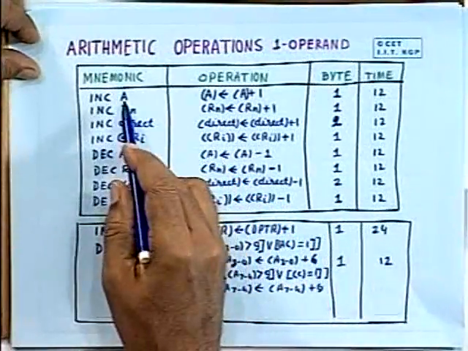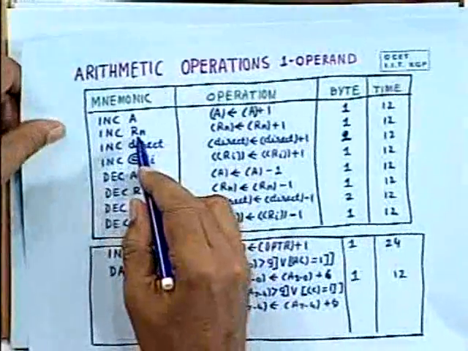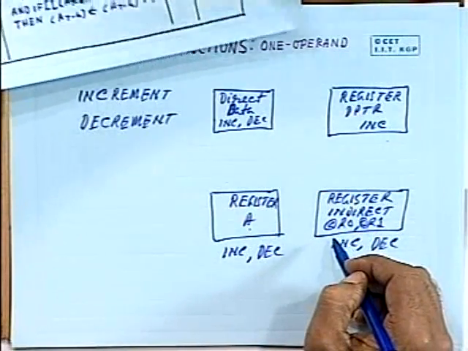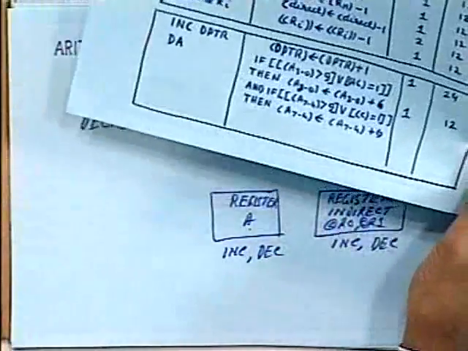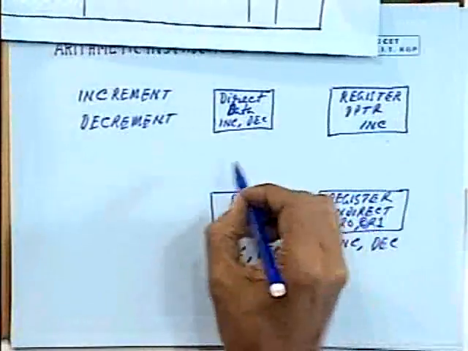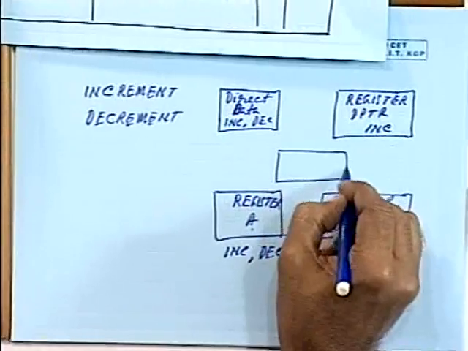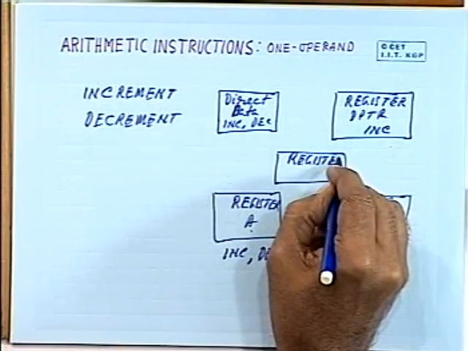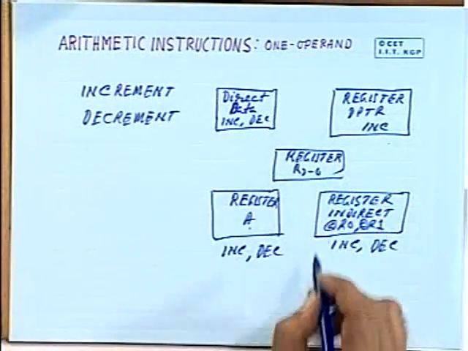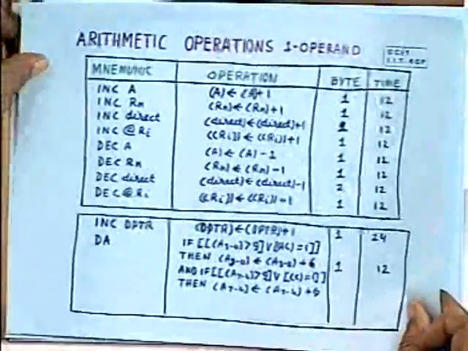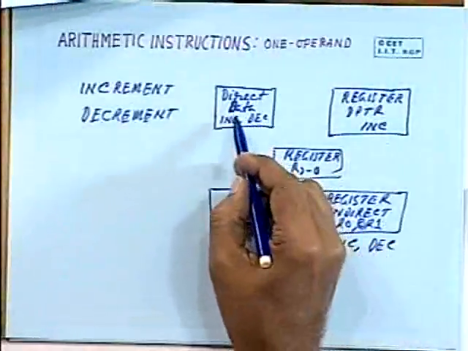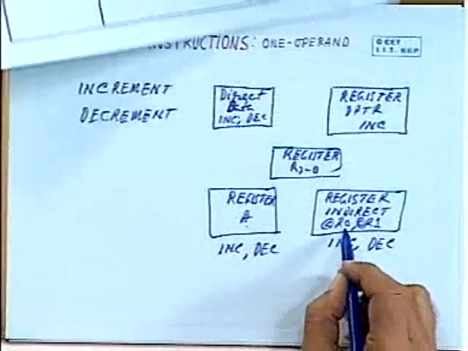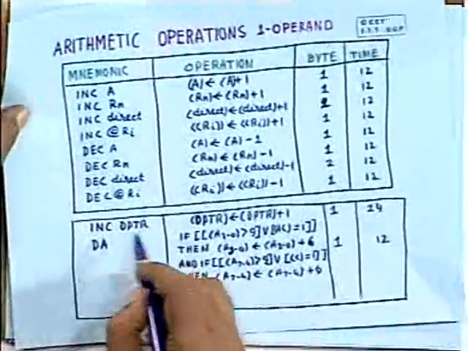Increment and decrement on the accumulator, on any one of the registers, which I have not shown here. Let me draw that. It can be any one of the registers, R7 to R0, or direct data, which is shown here, or internal data RAM pointed to by one of the registers, and finally the data pointer.